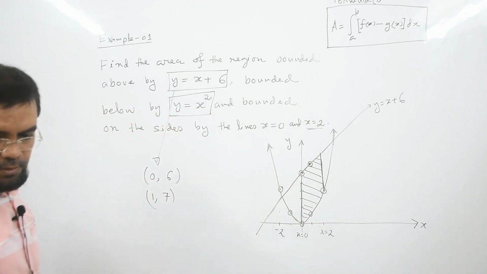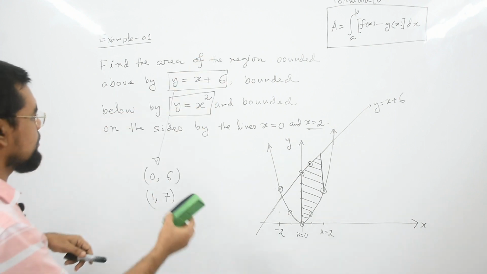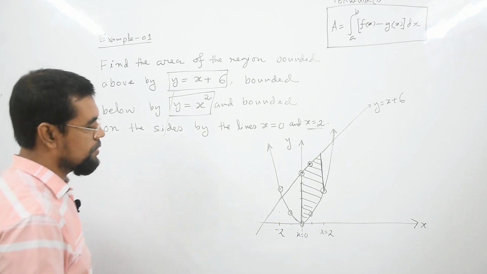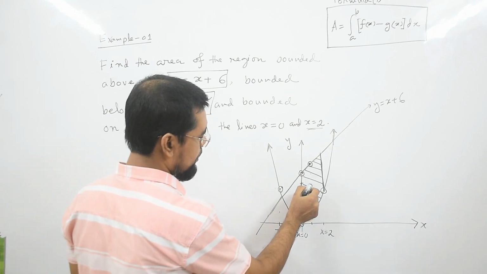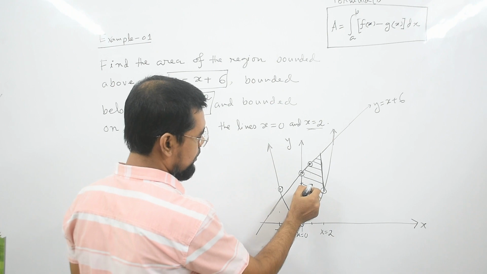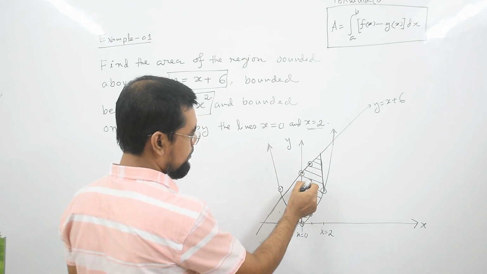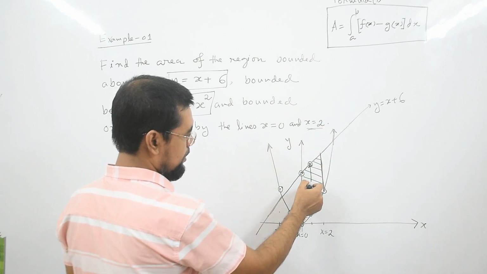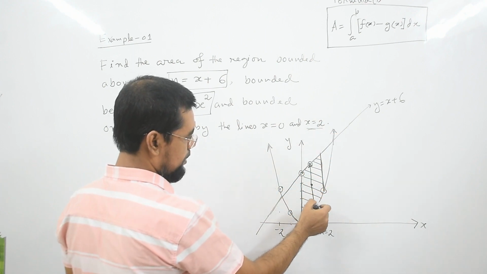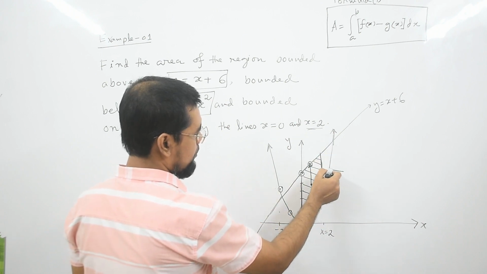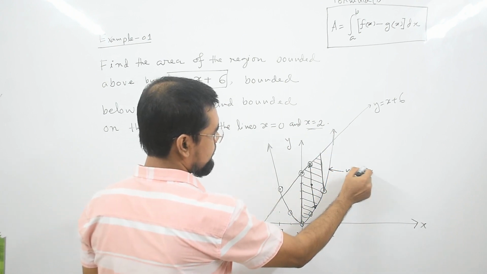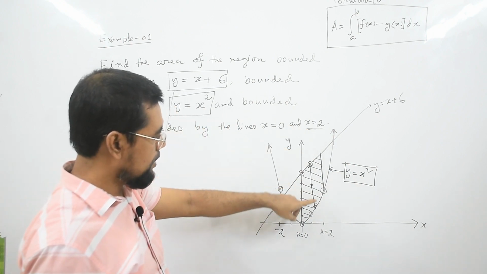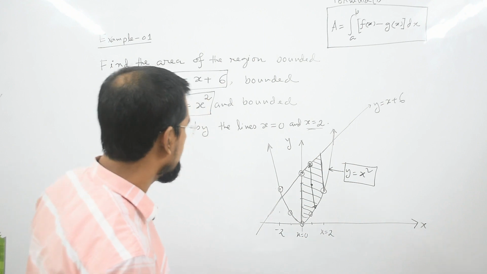Here we will use formula 1 because if you move up from any point on this region you get the line y equal to x plus 6, and if you move down you get the curve y equal to x square. So the above curve is y equal to x plus 6 and the below one is y equal to x square.